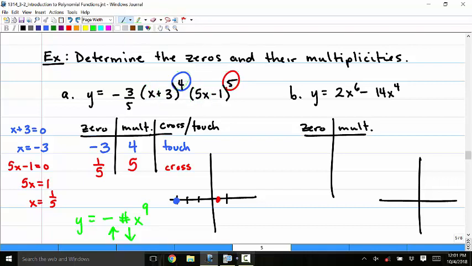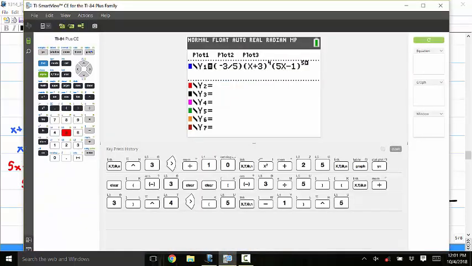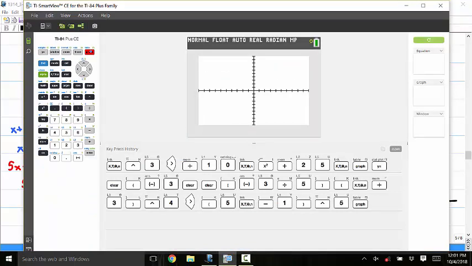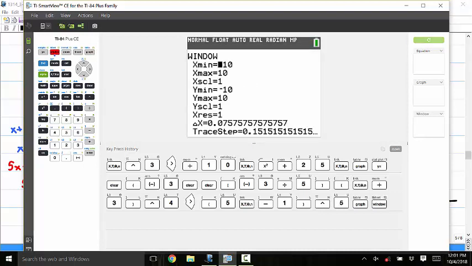Okay, on my calculator, I hit graph. Oh my goodness. Can you tell what that looks like? So I'm going to go play with my window. Maybe negative 4 to 2 by 0.5.